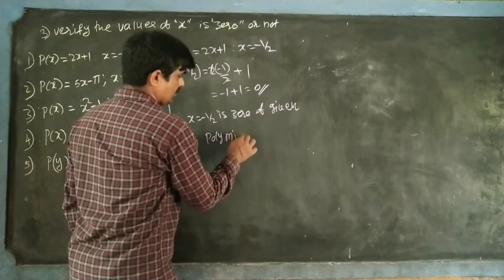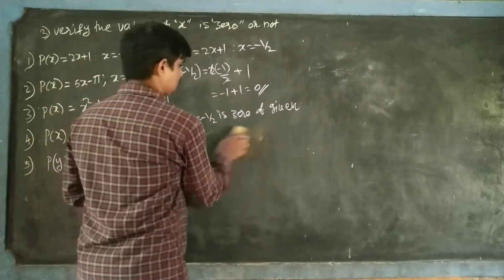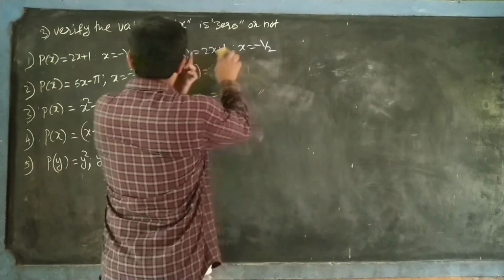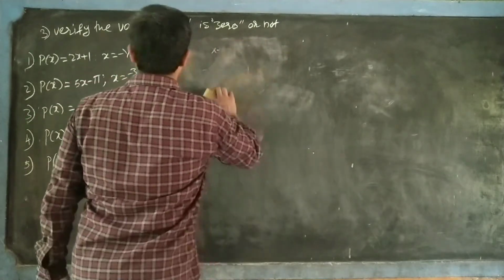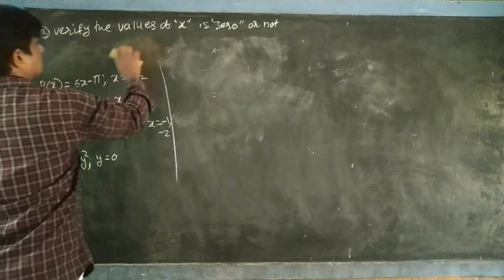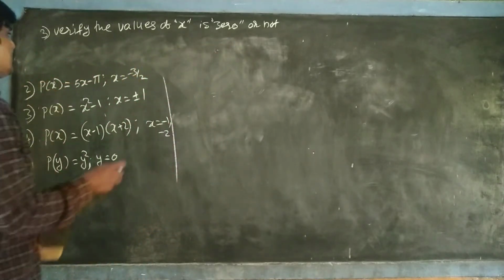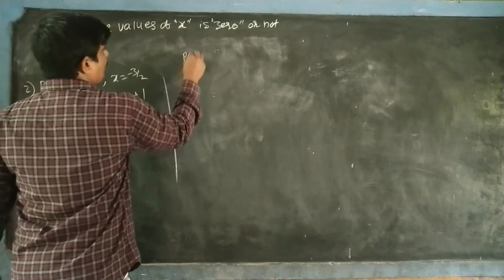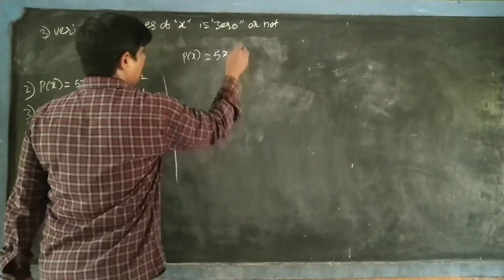Okay? Right. Next, again one problem with the same polynomial form, observe clearly. P of x is equal to 5x minus pi.